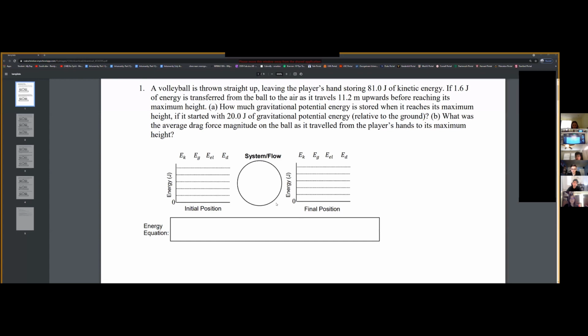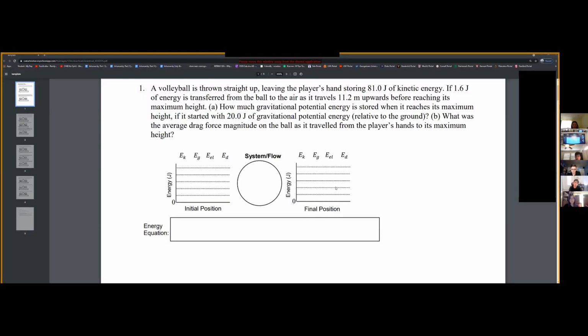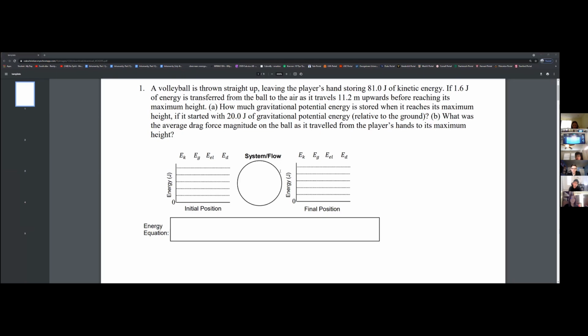And then for the final one, we basically had these inverted, it was basically all gravitational because the kinetic is no longer there. Yeah, and then the last little bit is that dissipated part. Okay, so large kinetic, small EG on the left, large EG, small ED on the right. Yeah, that's correct, but we weren't too sure about the system flow.